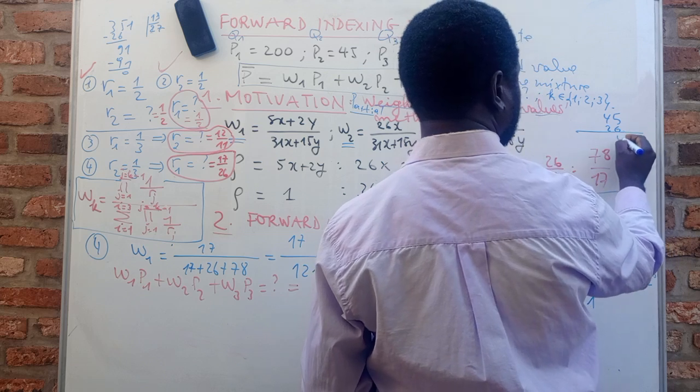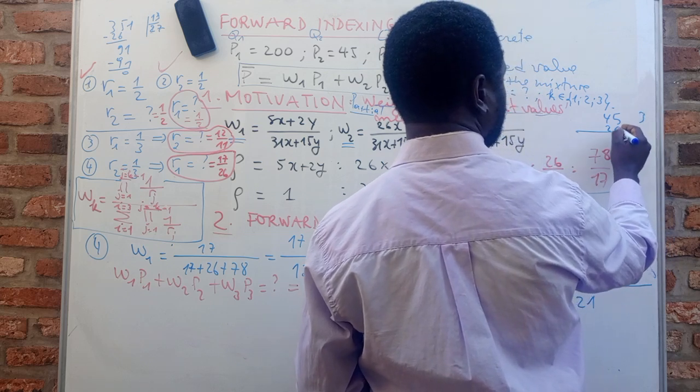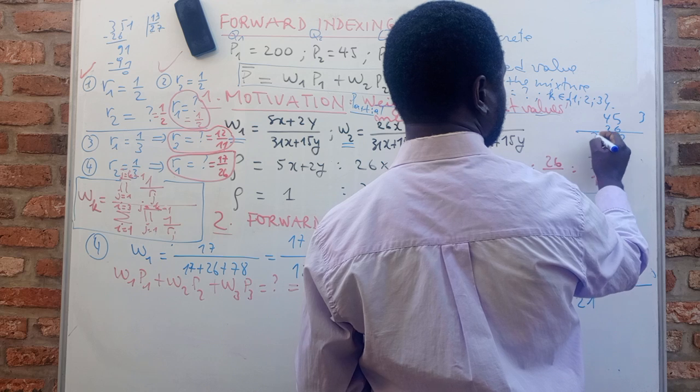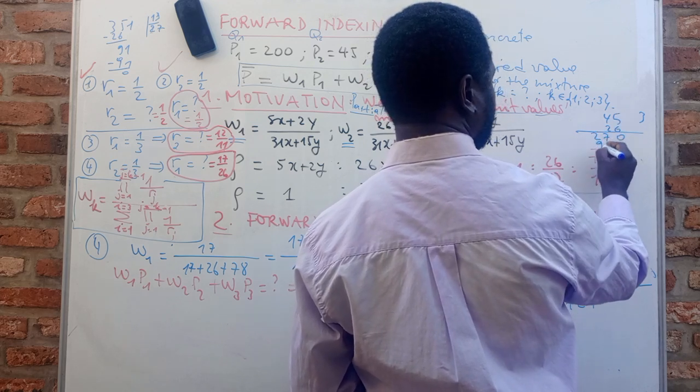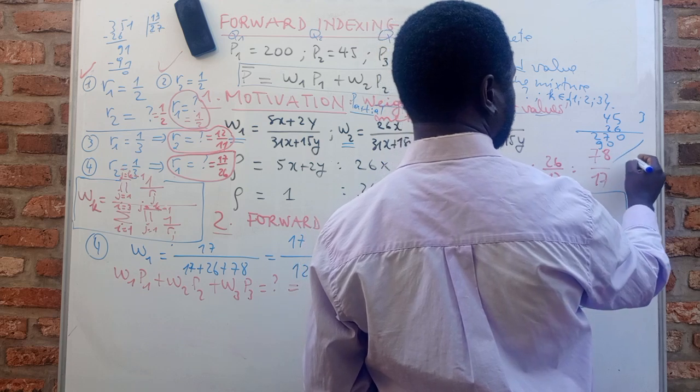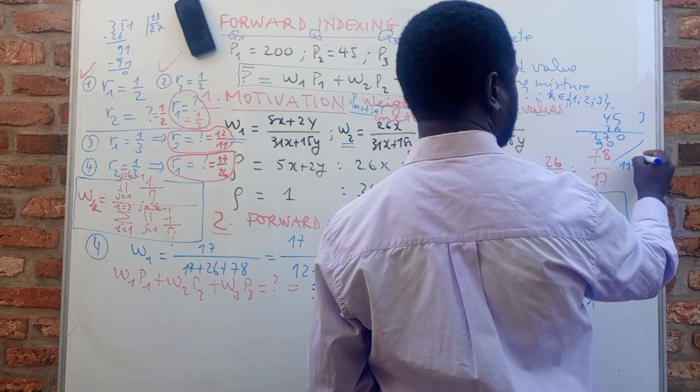What is it? 13, carry 3. 24, 27. Now 25 it is 90. Adding up it will be 1170.